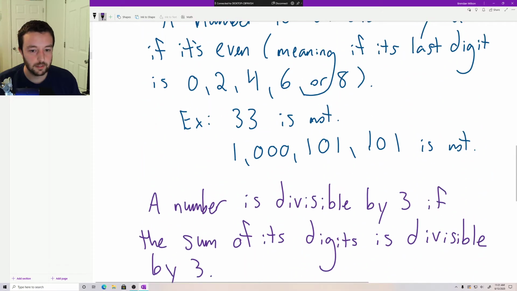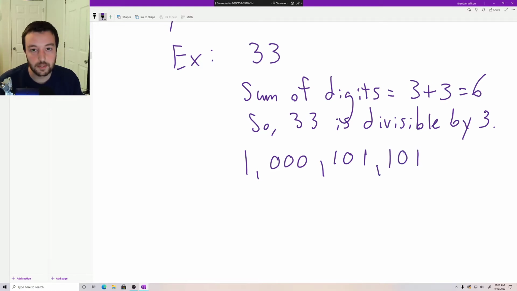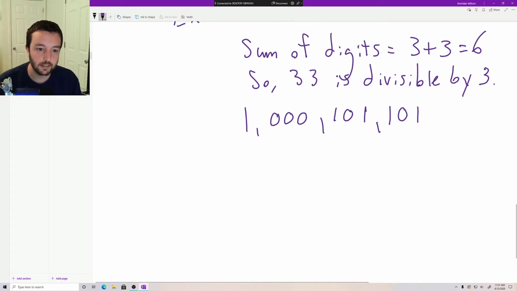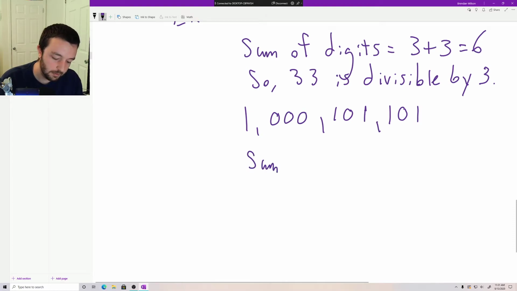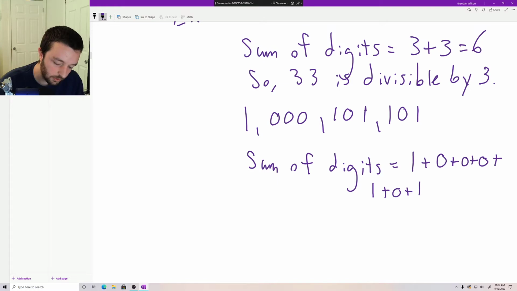What about this number up here? This really big number. This is 1,101,101. We can tackle even really big numbers like this because all we have to do is add the digits together. So the sum of digits equals 1 plus 0 plus 0 plus 0 plus 1 plus 0 plus 1 plus 1 plus 0 plus 1.